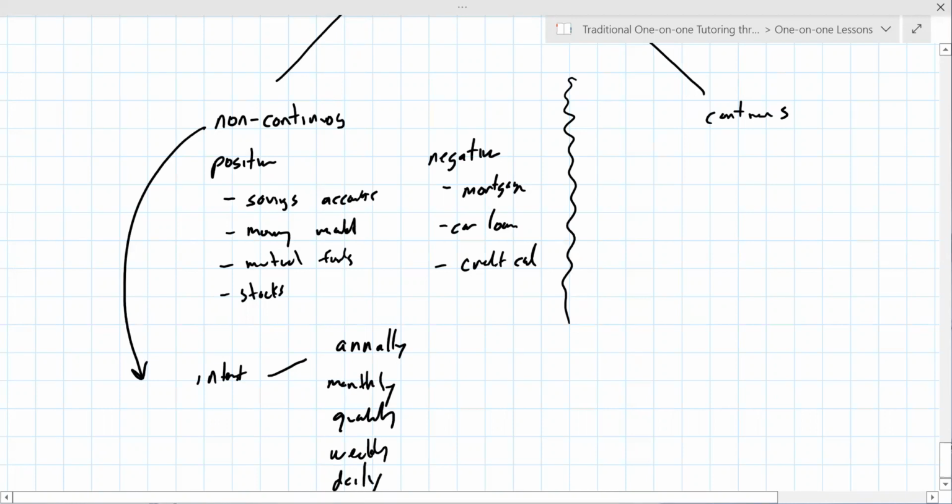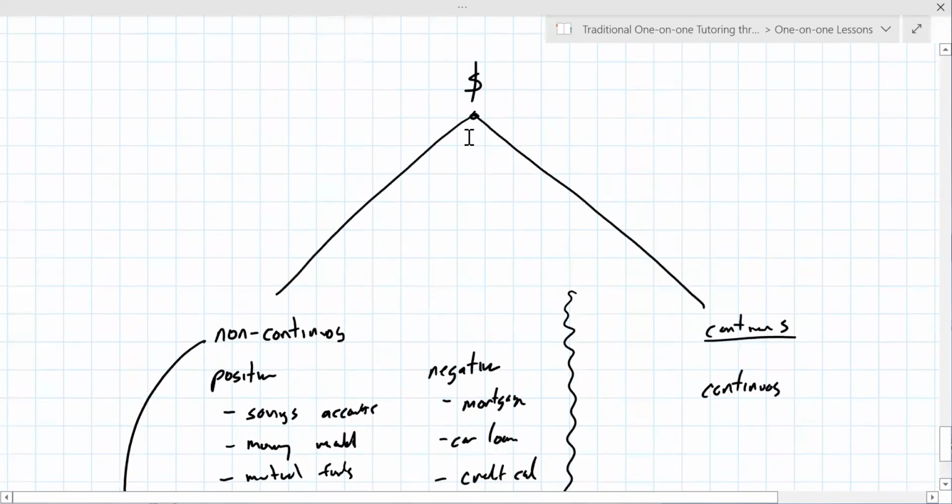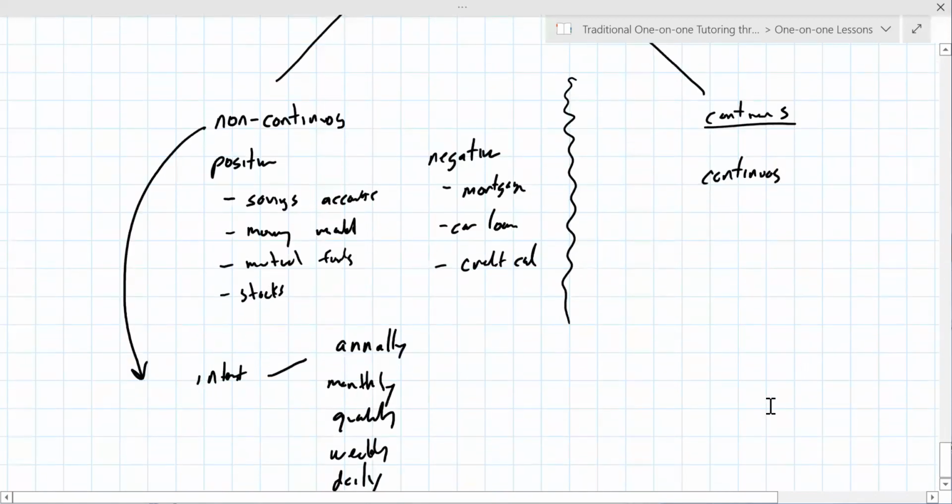There's a few others that it could say. With continuous, it actually generally says the word continuous in the problem. So you as a student have to know it's either a non-continuous problem or a continuous problem, and you have to be able to differentiate between the 2.